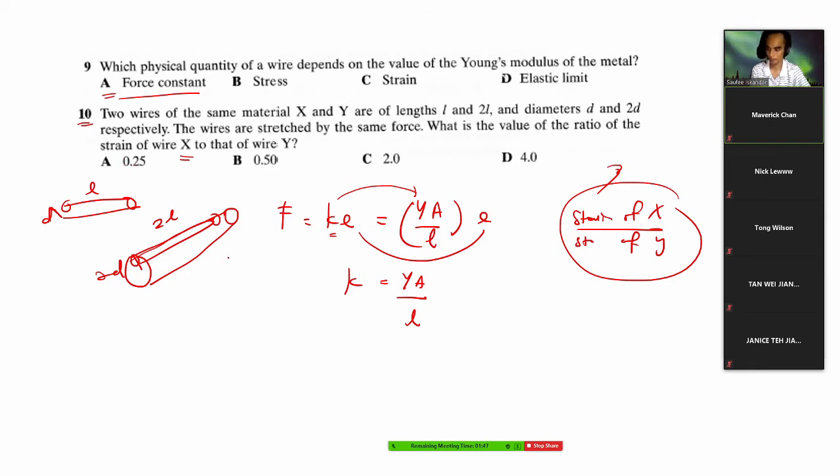Okay. So you know the force F equals Young modulus times A divided by L times the extension E. Same thing we did in question number 9. So the strain equals, what is the formula for strain?